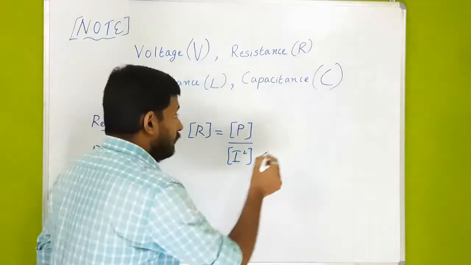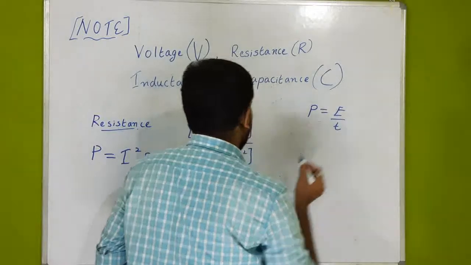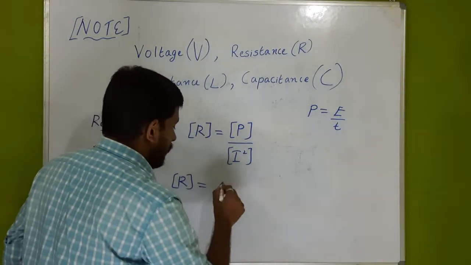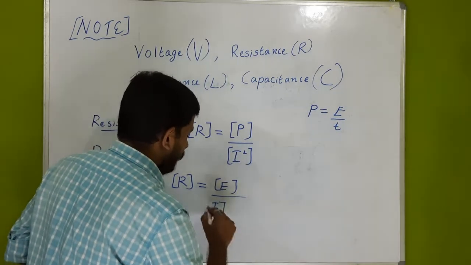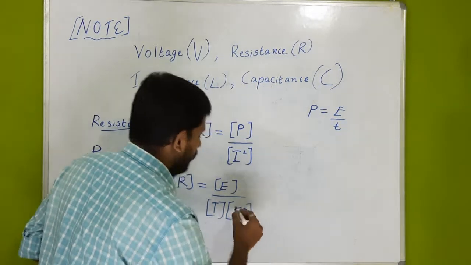Now, we know that power is equal to energy by time, and therefore the dimension of resistance becomes the dimension of energy divided by the dimension of time into the dimension of current, the whole square.